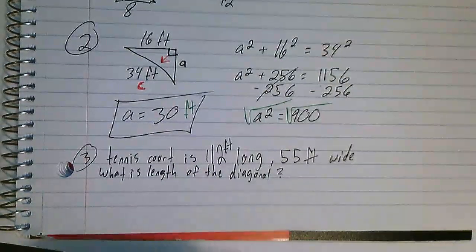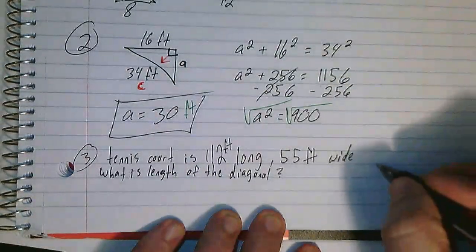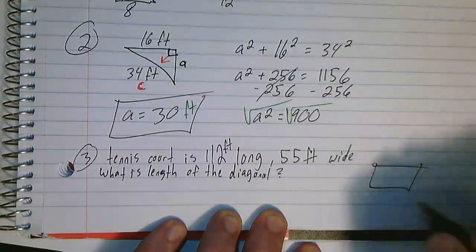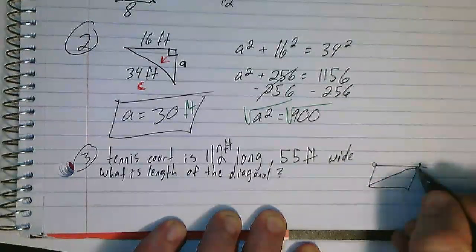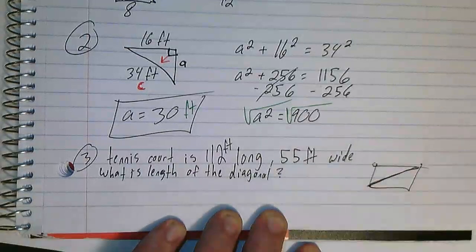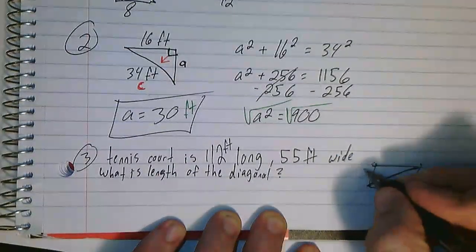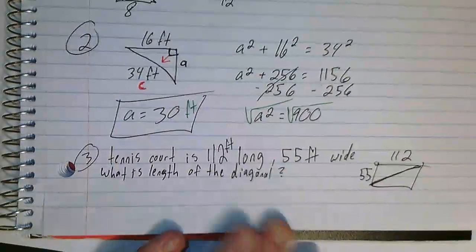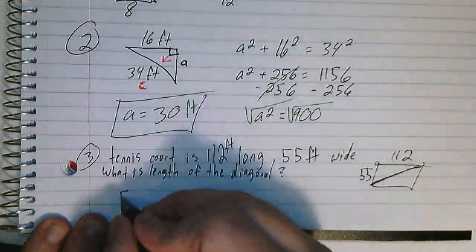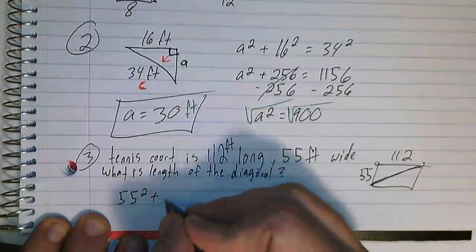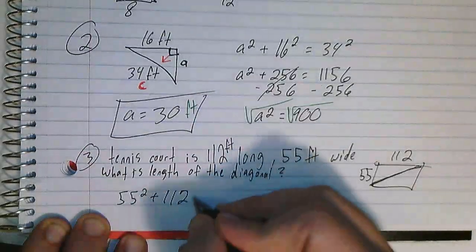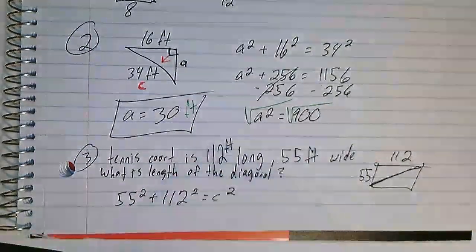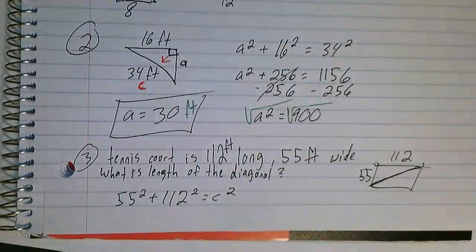That is 50. So if we imagine a court, the diagonal makes the hypotenuse. We have a short side of 55 and a long side of 112. So it would just be 55 squared plus 112 squared equals c squared.